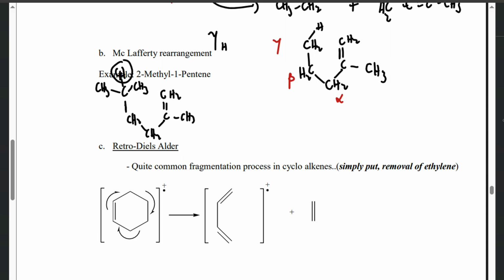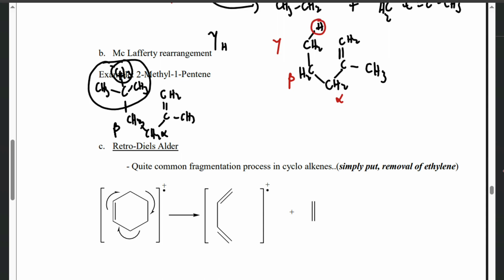But if this was like CH3 again, there's no gamma hydrogen, so McLafferty cannot occur. Or let's say the chain only stops at this point. Let's say this was just CH3, this is just going to be alpha and beta, so McLafferty can still not occur here. But looking at this, there's alpha hydrogen and there's gamma hydrogen, so McLafferty rearrangement can occur.